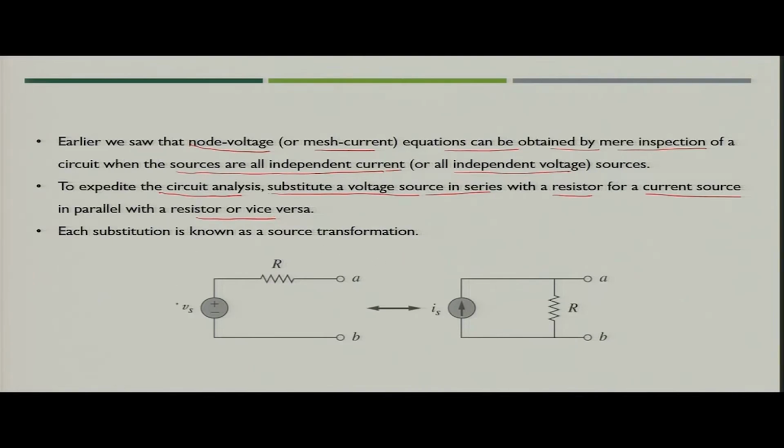If you see the figure, between terminals A and B you have one series resistance R and one voltage source Vs connected.